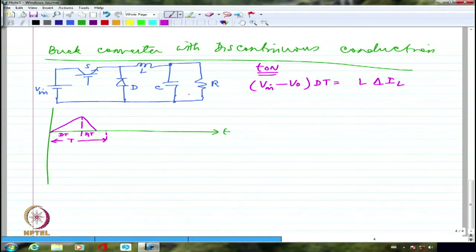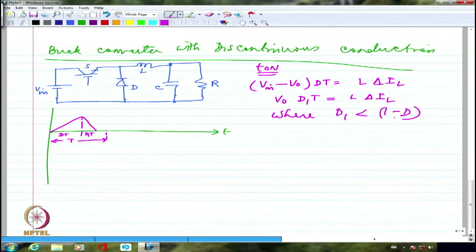That's what we said. So previously we wrote this as V naught multiplied by 1 minus d times T. Now I can't write that because it is not conducting for the entire duration. So I have to write this as V naught multiplied by d1T is equal to, actually this is going to be L delta IL, where I'm going to have d1 less than 1 minus d, right?